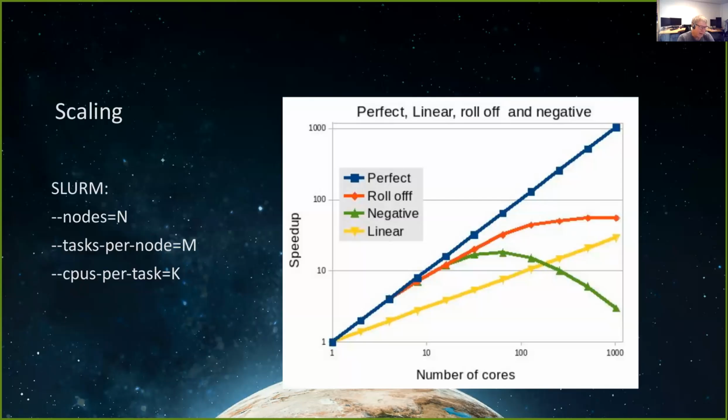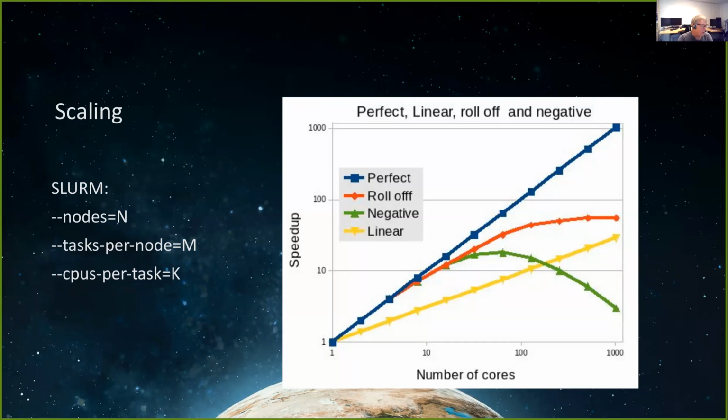Scaling I showed last time, but this cannot be stressed enough: do a scaling test. Most users that require a large amount of quota from the research allocation committee have already presented a scaling test. But imagine that you are on the green one running at 100 cores. You are in a very bad situation.